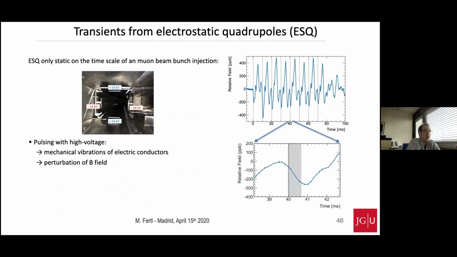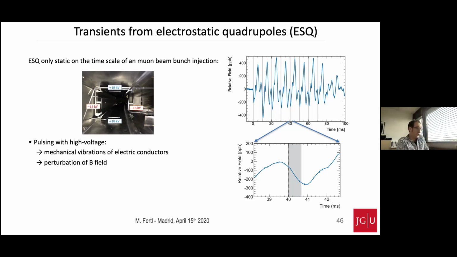You can see it on the right-hand side. The vertical gray lines indicate when the muons are in the beam. To avoid causing discharges, we switch off the high voltage while there's no beam in the storage ring, and so we pulse these quadrupole plates.